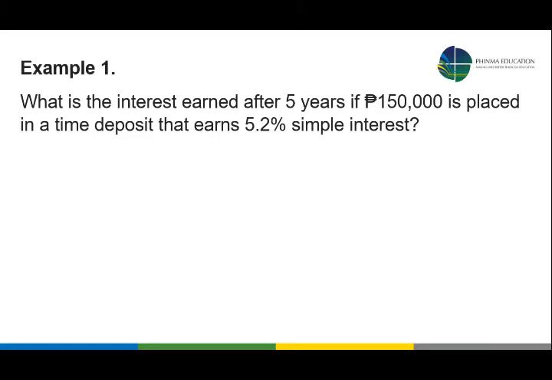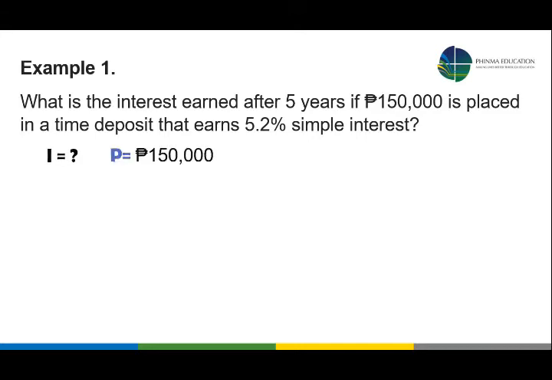Say for example, what is the interest earned after 5 years if 150,000 is placed in a time deposit that earns 5.2% simple interest? What is asked in this problem is the simple interest after 5 years, denoted by I. So in order for us to solve for the simple interest, let's plug in first the given data.